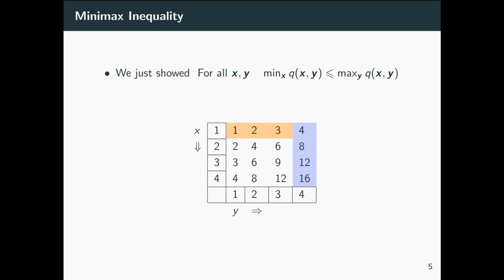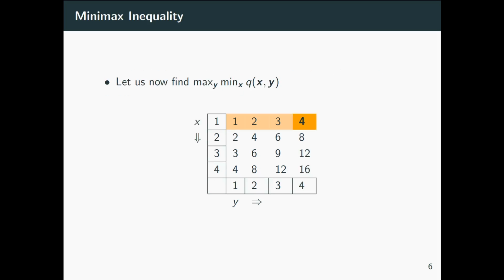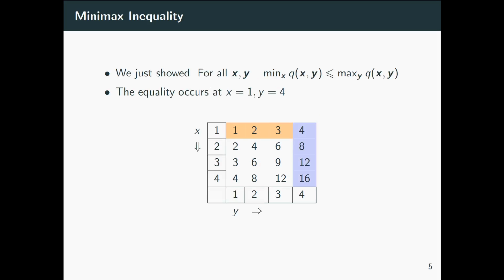Now if all of the values here are lesser than all of the values here, then the max of the values here will always be lesser than or equal to the min of all of the values here, right? So that's another way to look at the same thing, and that's exactly what the example also ended up showing. The max of this particular function was 4 and the min of this particular function, whose evaluations are shown in purple, was also 4.